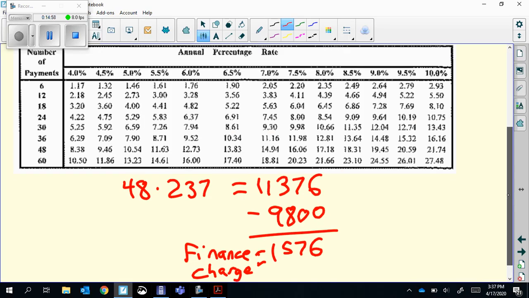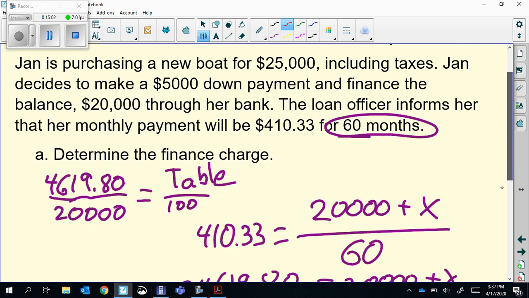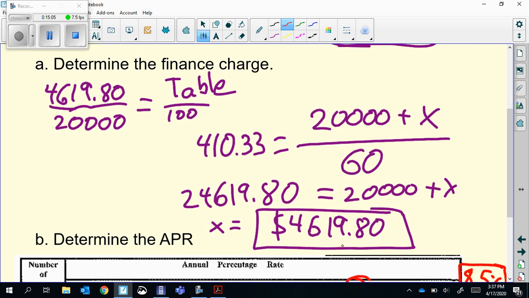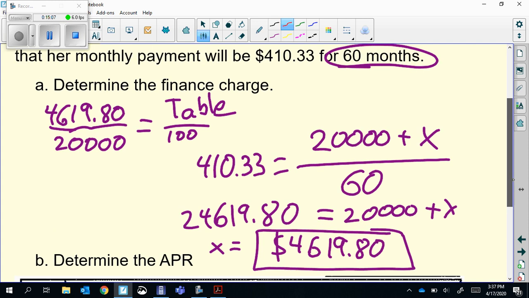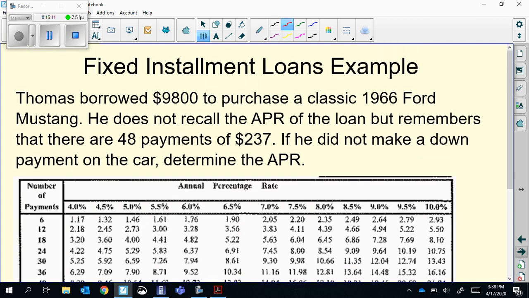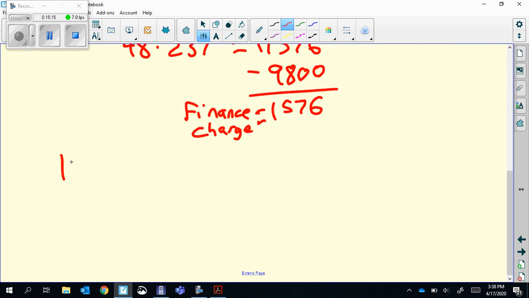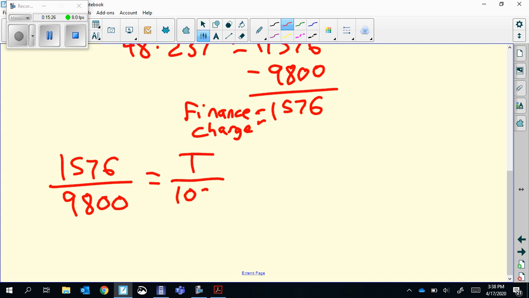So now we are going to take that finance charge, just like we did in this last example. We knew the finance charge, and then we set it up into our equation. So we take that finance charge over the amount borrowed equals the table value over 100.